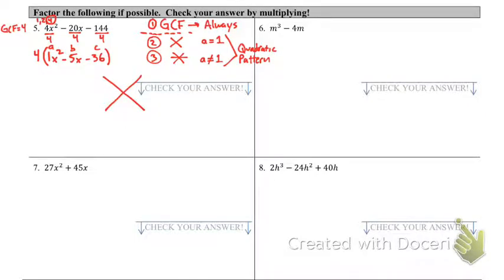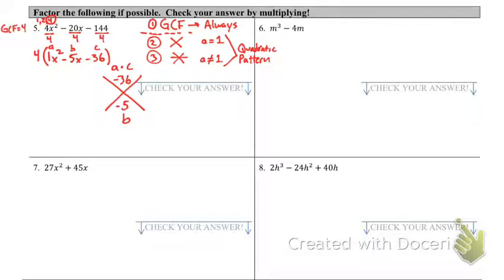So if you recall, the diamond method is A times C on top. 1 times negative 36, that's negative 36. And then our B value goes on the bottom. That's negative 5.